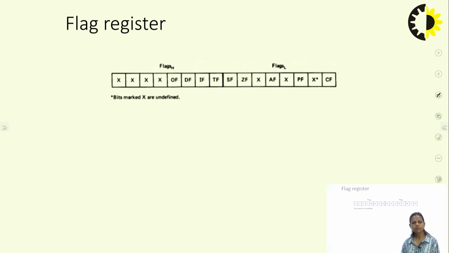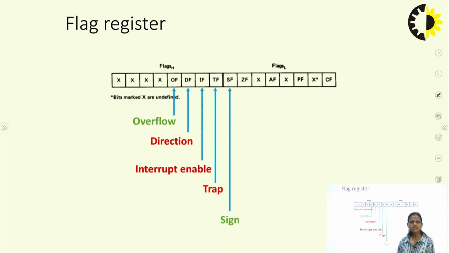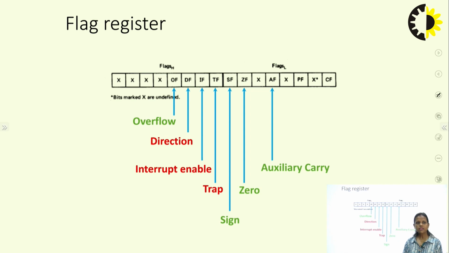So coming to the flag register, here you can see that this is a 16 bit flag register. In 8085 we have seen that we have an 8 bit flag register. So here this is the overflow flag, this is the direction flag, this is interrupt enable, this is the trap flag, and this is the sign flag, then zero flag, then we have this one is auxiliary carry, this is the parity flag, and then we have the carry flag.